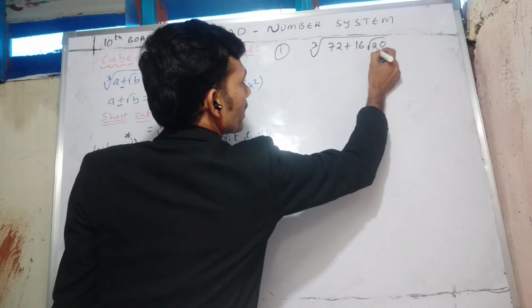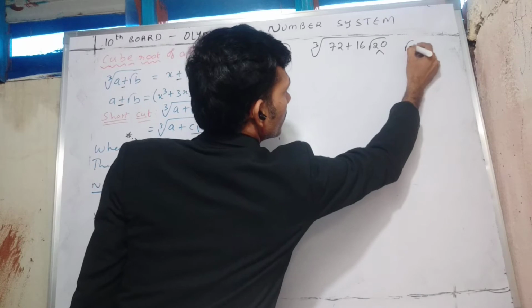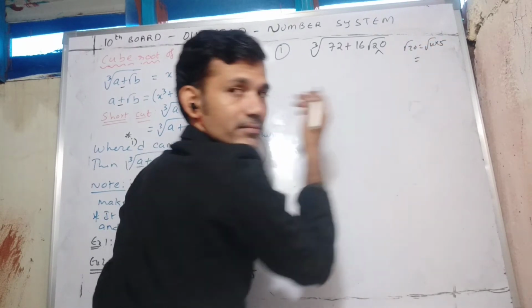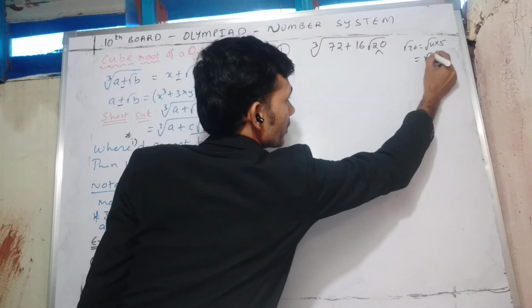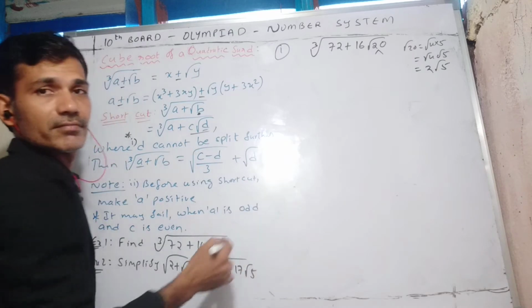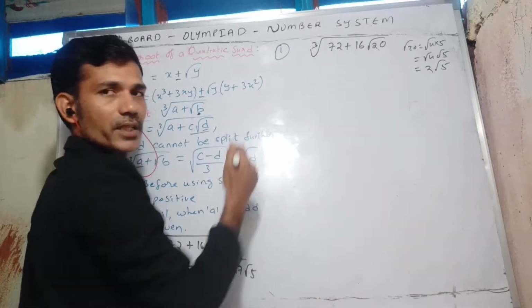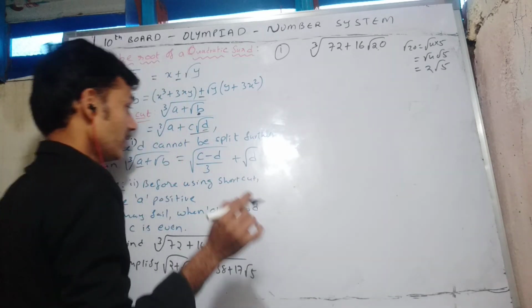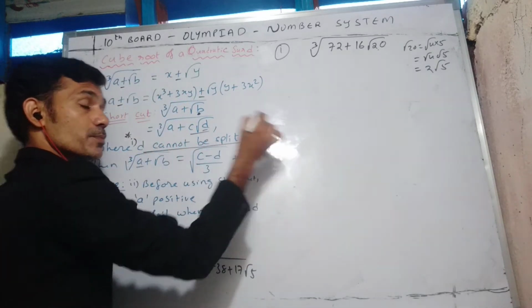Root 20 I can write as root of 4 times 5, that is square root of 4 times square root of 5, that is 2 times root 5. So b can be split further, so it is not the d value. You were told d cannot be split further.